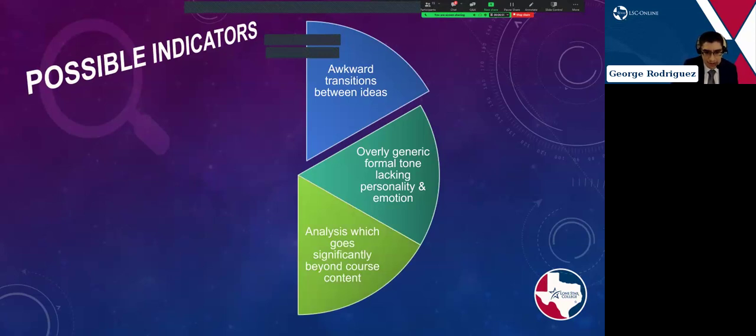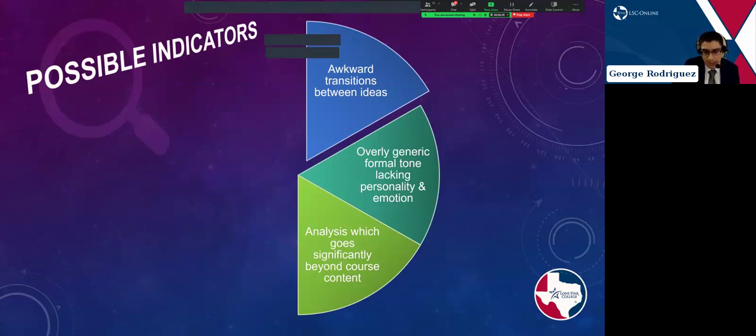Analysis which goes significantly beyond course content. To explain this, remember the massive data sets that chatbots are trained on. AI responses might lack the context that's relevant to the specific focus and scope of your class. That's what I mean.